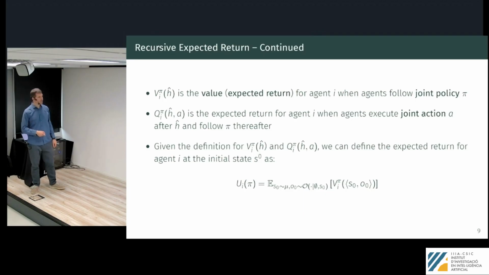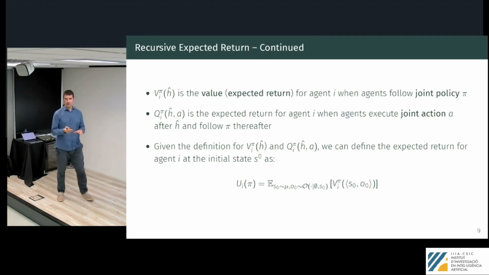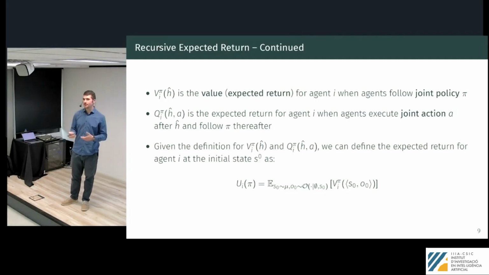Yeah. Okay. I want to say, if any of you feel there's something that isn't quite clear to you about these definitions, for the purpose of this lecture, it doesn't even matter. All you need to do is understand that we need to define expected returns. What is the expected return that agents can expect to see when there's a particular joint policy? And these were just two ways of defining them theoretically.